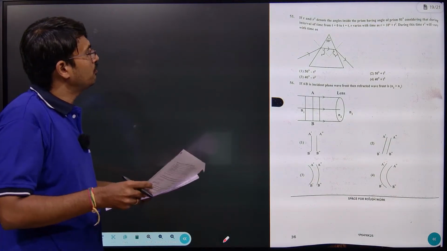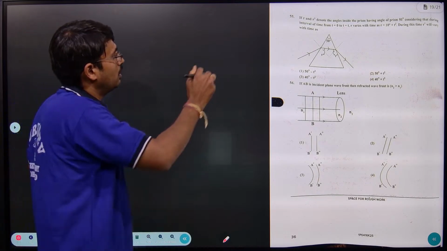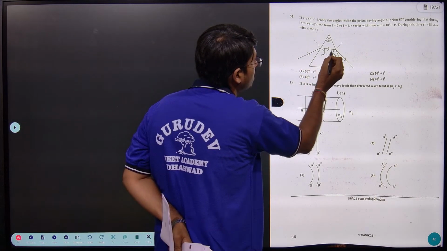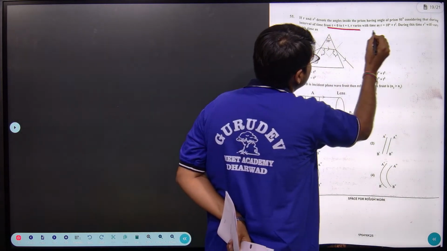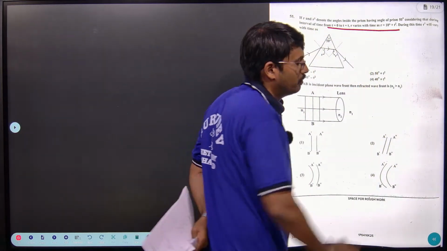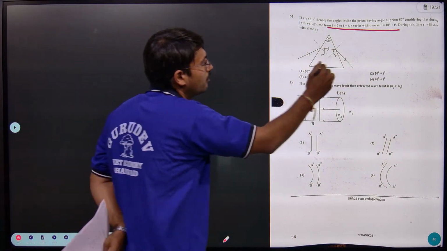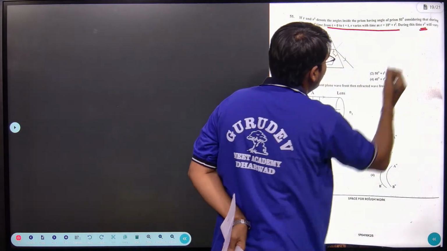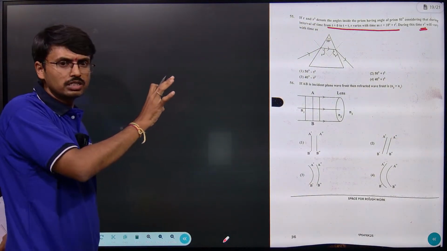That is question number 55. Here we have a prism, and what is given here is this particular angle r and r dash. They have given that r is a function of time. As time changes, r also increases, and as a result, what's the equation for r dash? I'll give some important equations.